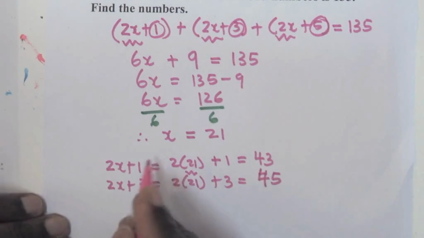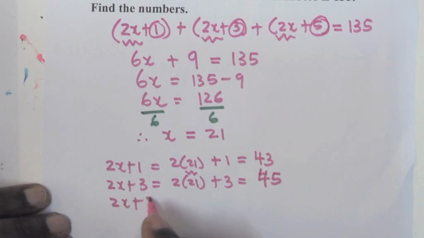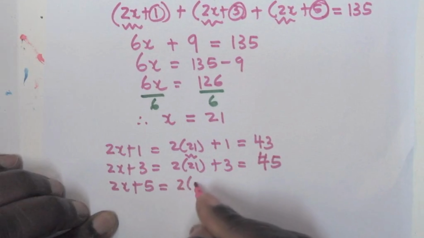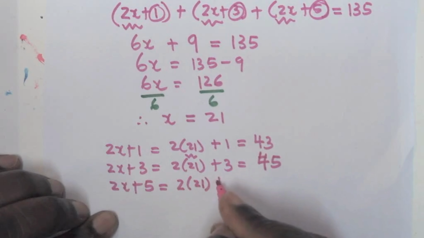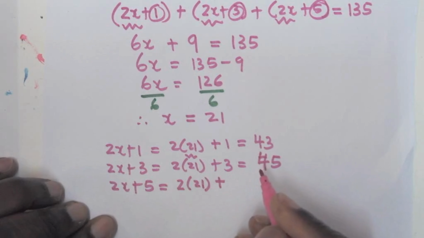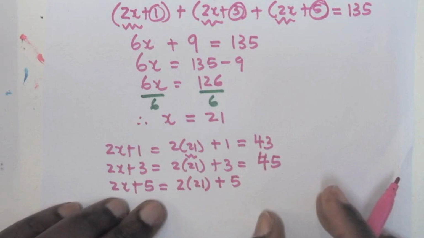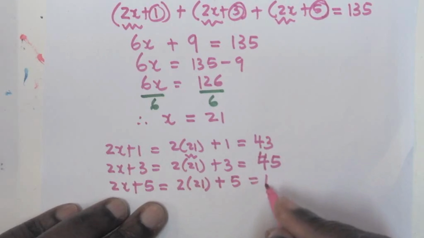And then the last one, 2x plus 5. And if I substitute, I'm going to get 2 times 21 plus 5. And my final answer here is going to be 47.